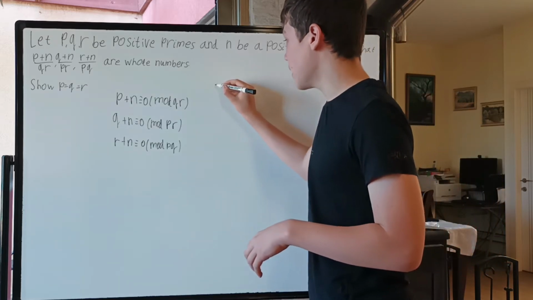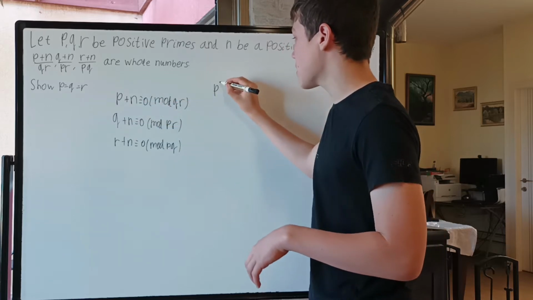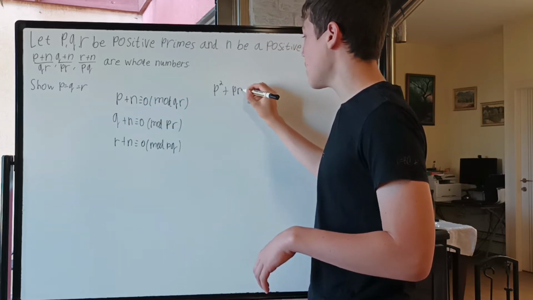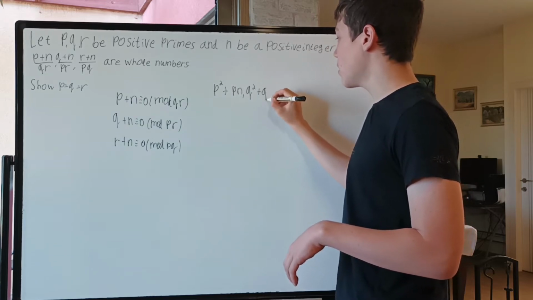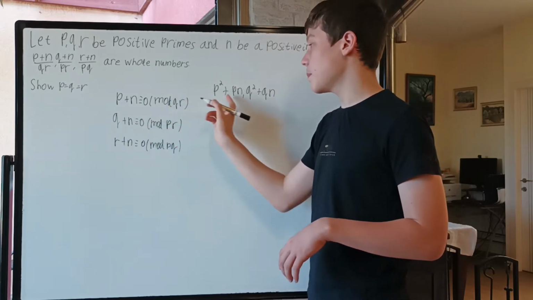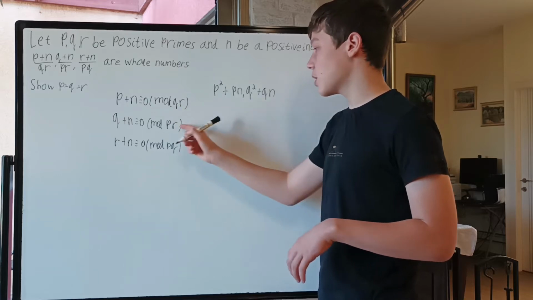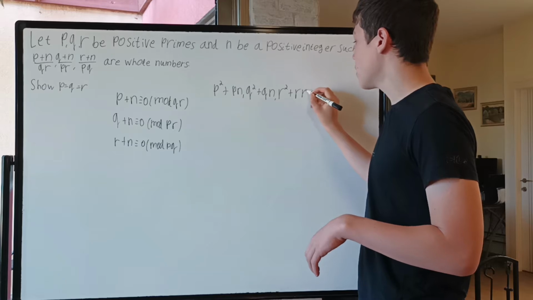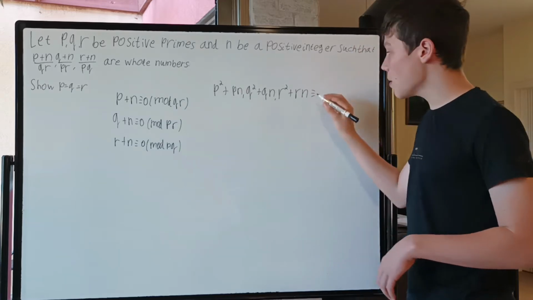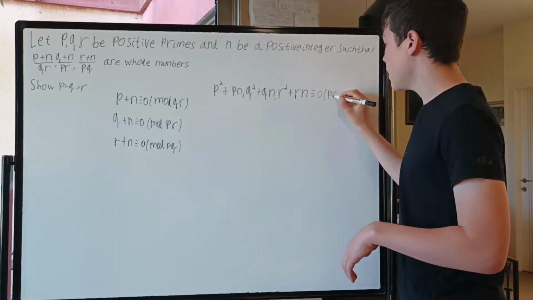So from here I can get that P times (P plus N), which is P squared plus PN, and similarly Q squared plus QN, and R squared plus RN. This is after multiplying by P, this is after multiplying by Q, and after multiplying by R. All 3 of them are 0 mod PQR.